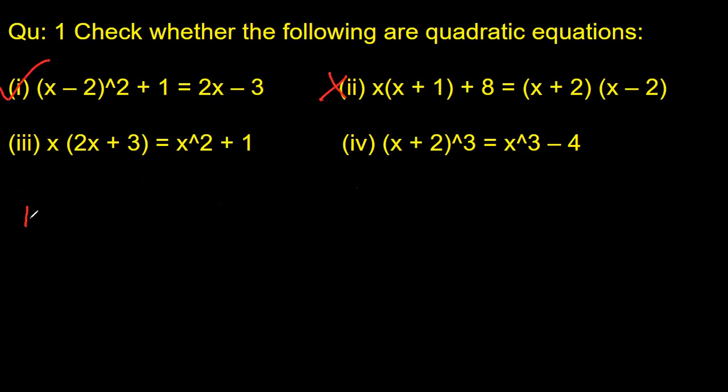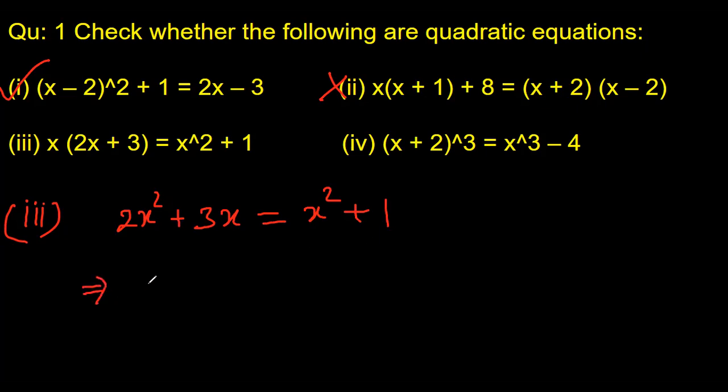Let us check the third one now. Simply open the bracket. 2 into x is 2x squared plus 3 into x is 3x is equal to x squared plus 1. Now we'll take every term and write this in standard form. So 2x squared, this goes left, minus x squared.